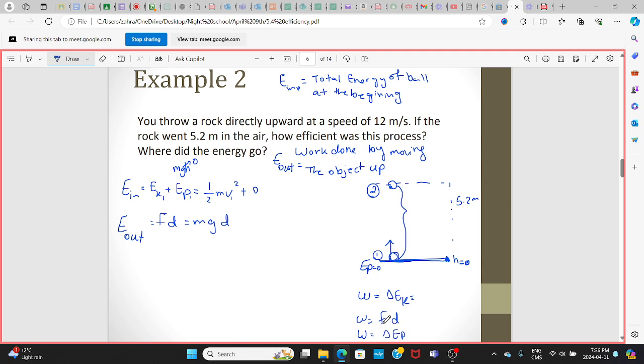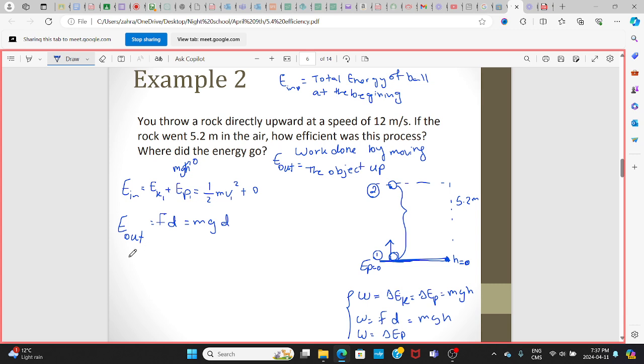And all of that gives you the same result. The change in kinetic energy is the same as the change in potential, and it's just going to be mgh, right? And force multiplied by displacement is going to be mgh at the end, because this d here would be your h. So you can think about it in different ways, but you will come up with this equation all the time.